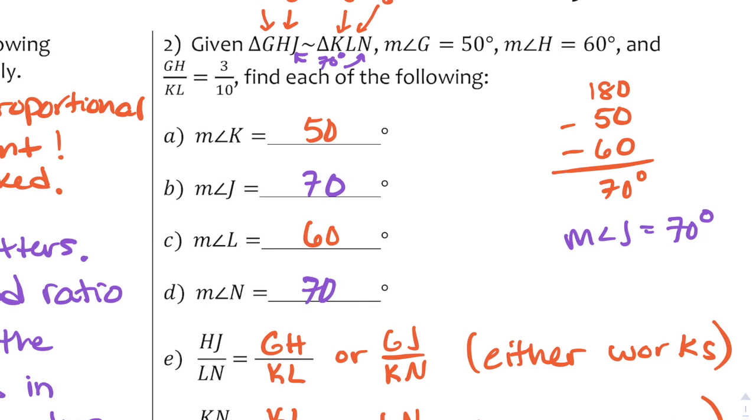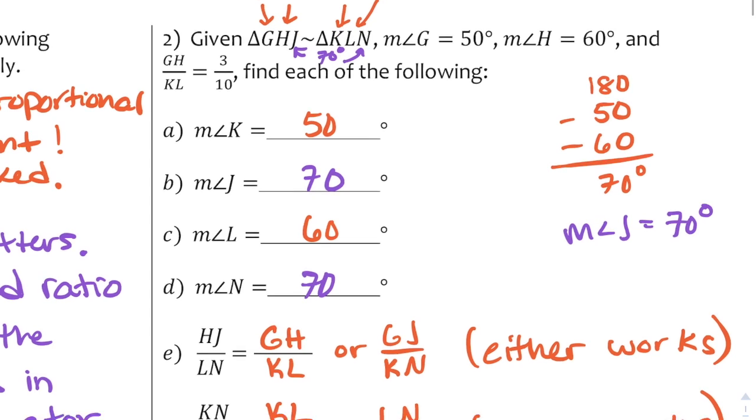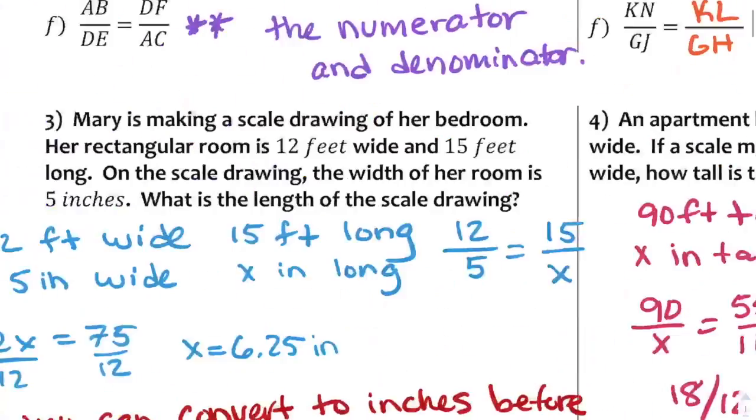Same thing for F, KN and GJ. It could be KL and GH or LN and HJ. Again, going right to left for this particular example.